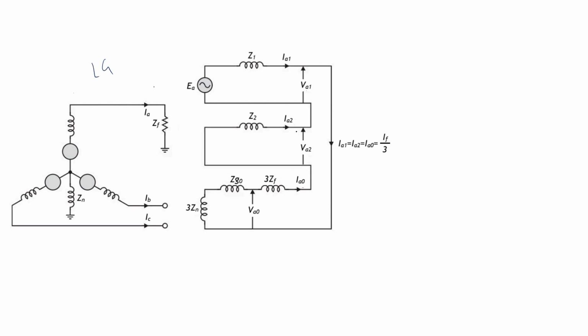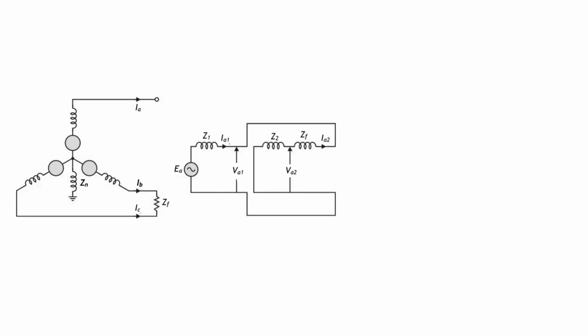Here the fault impedance is included as only 3ZF. So if fault impedance is given for LG fault, if grounding effect is there, you need to multiply with 3. Otherwise, no need to multiply with 3. So this is 3ZF.